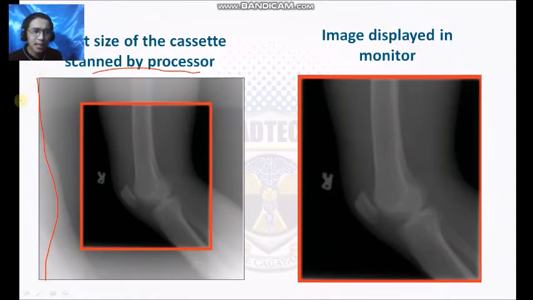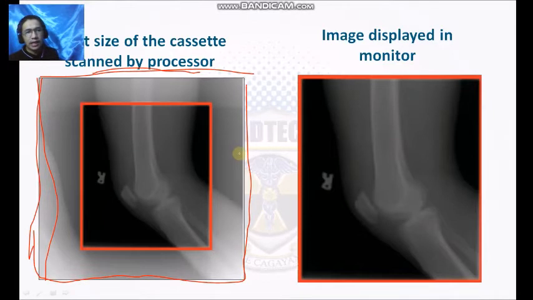So all of your cassette, all of your IP plate will be scanned by the processor. And then, when it comes to displaying of the image towards the monitor, it's not actually the whole that it displays, but rather only the collimated portion.